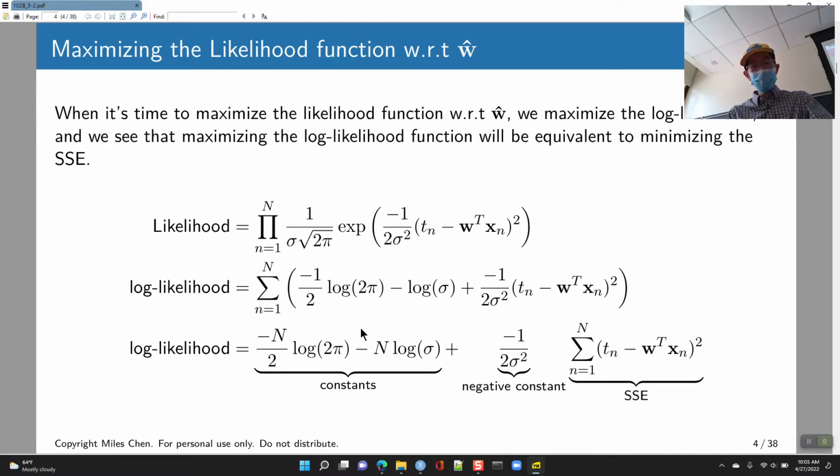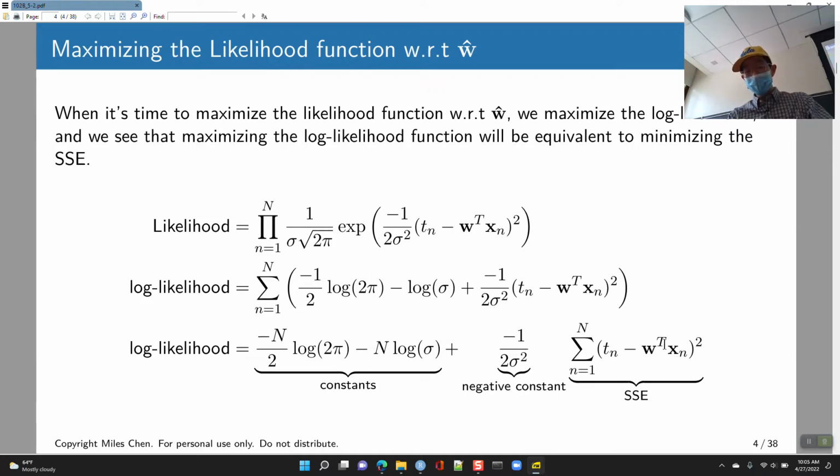As you pick it apart, some terms end up being constants, and we have a negative value multiplied by the sum of squared errors: the difference between the actual value t sub n and what we presume to be the true relationship, W transpose x.